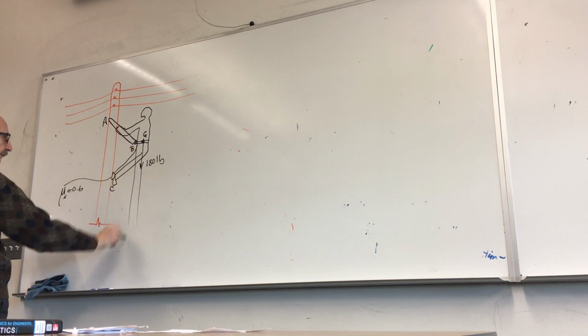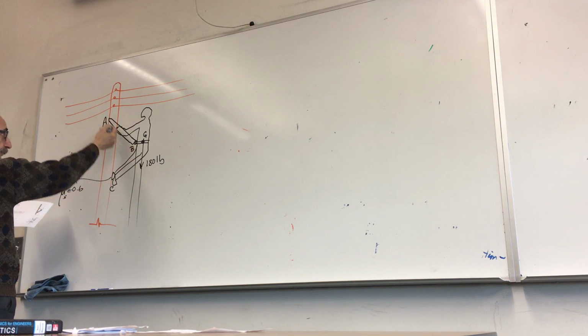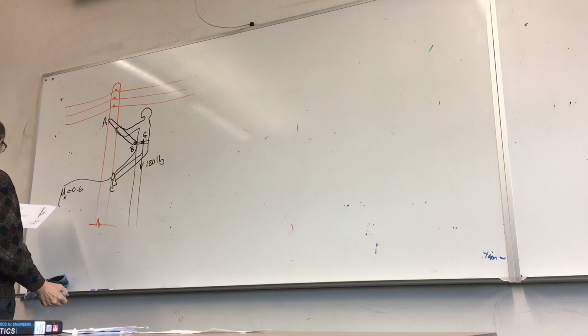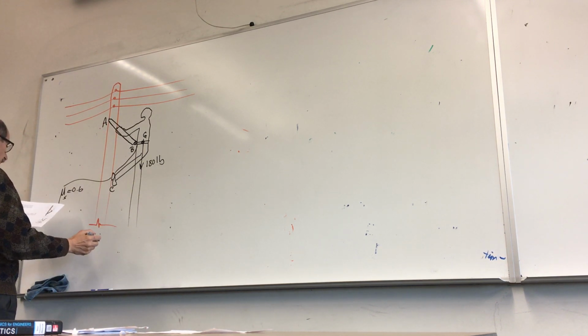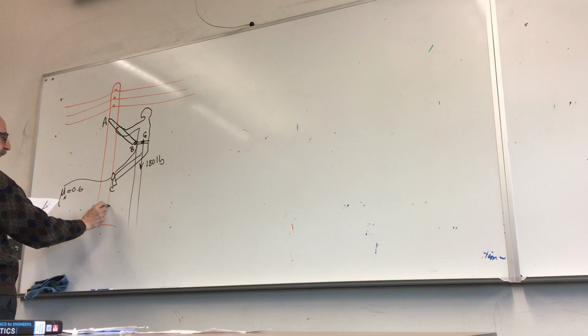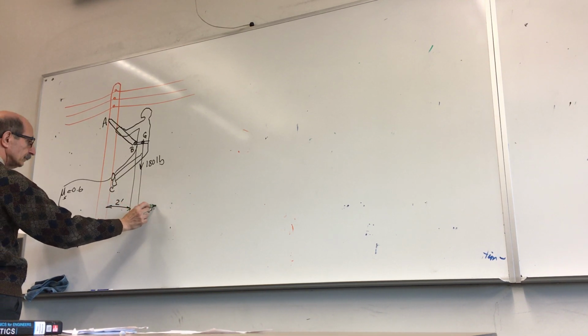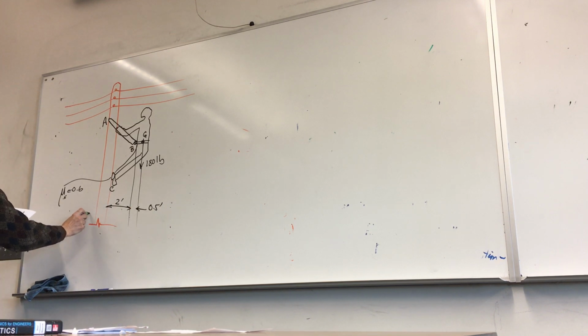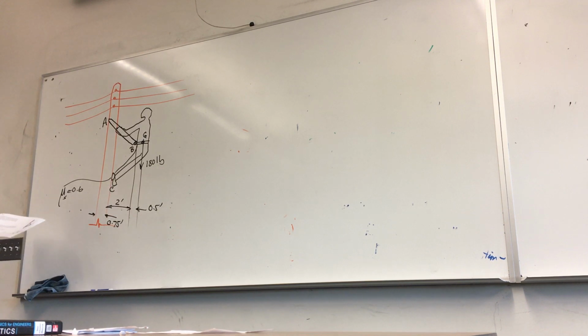The distance between this point of connection of the belt to the cable is given. So this distance is 2 feet. This is 0.5 feet, and the thickness of this pole is 0.75 feet.